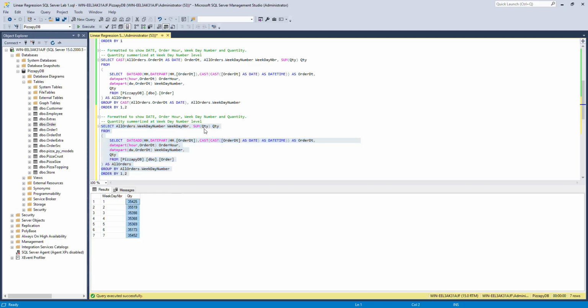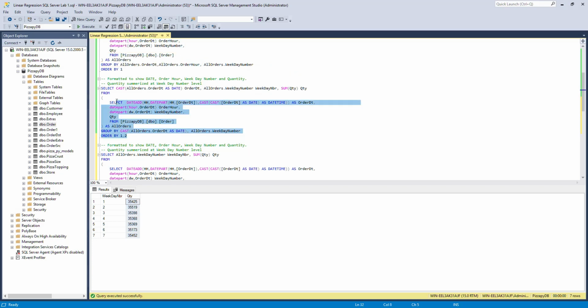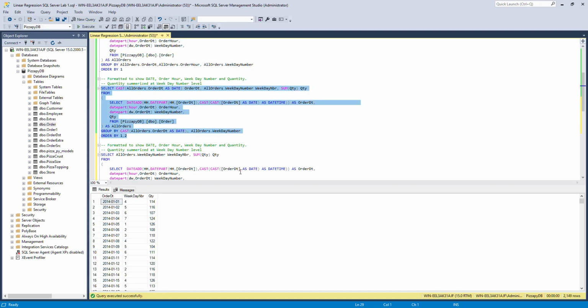Okay, so now you can pick any scenario, and if you remember from the previous discussion, what we are trying to do is use this linear regression method to establish a relationship between two variables by creating a model, right? So what are those two variables?